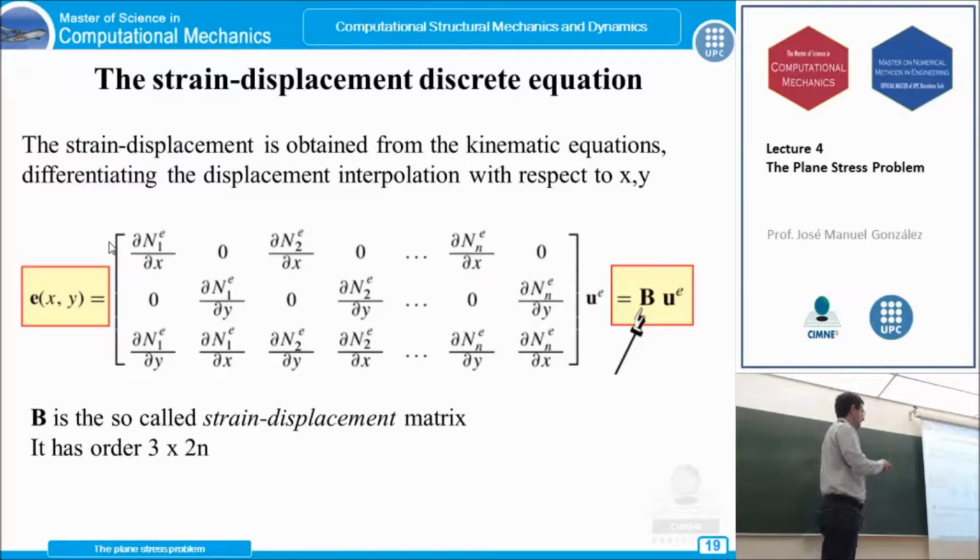Well, once we have the shape functions, we have the displacement interpolation in the discrete space. Now we want to get the strain displacement discrete expression, and we get this using the derivatives of the displacement. Remember that the x strain and y strain are the derivatives of the x and y components of the displacement, and the cross strain, the distortion, is the cross derivative between the displacement x and the displacement y.